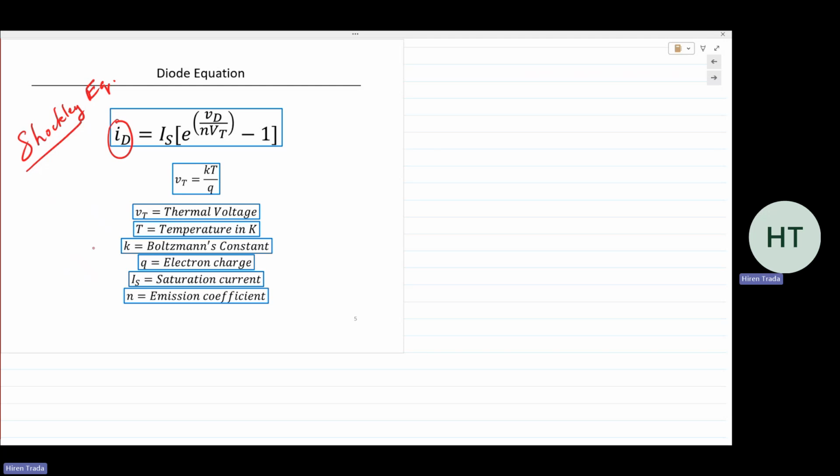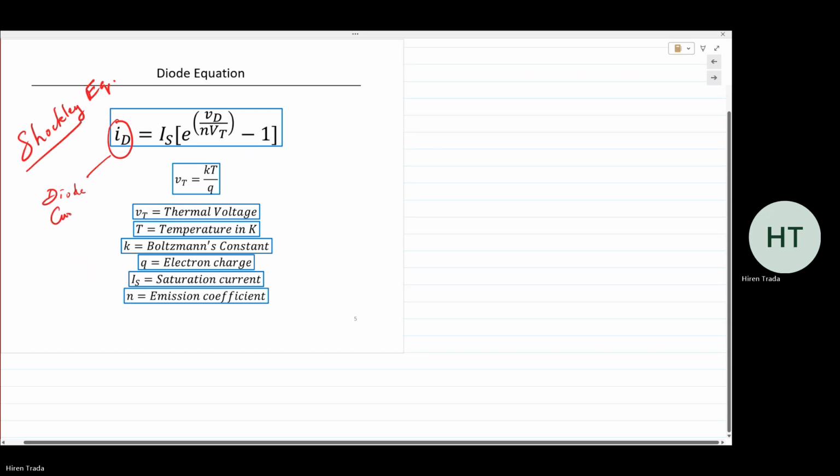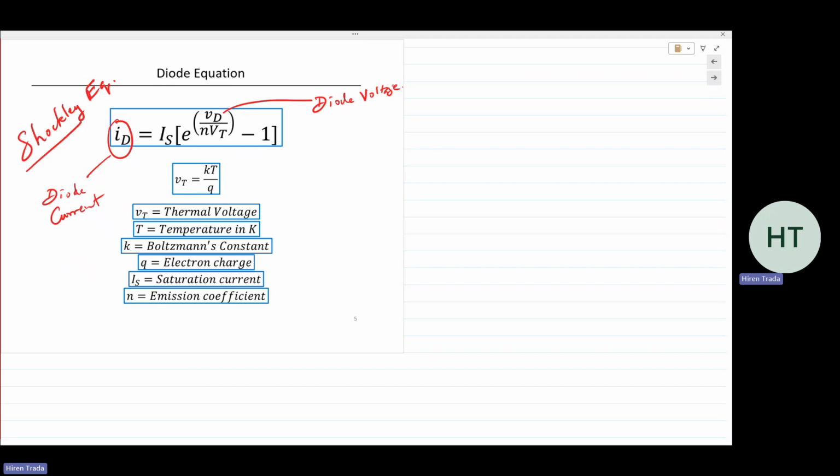ID is the diode current, right here. VD, right there, is the diode voltage. These are the operating points of the diode. If you apply a certain voltage to the diode, we can calculate the current, ID. If we know the diode current, we can calculate VD.